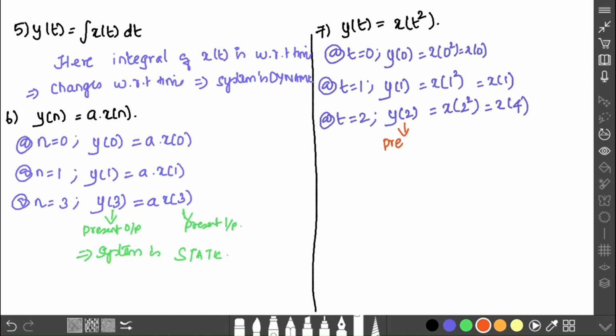But for the third case, at t equal to 2, you could identify that x of t square is x of 2 power 2, it is x of 4. So for the present output, that is y of 2, we are getting a future input. So the output is dependent on the future input, so the system is dynamic.